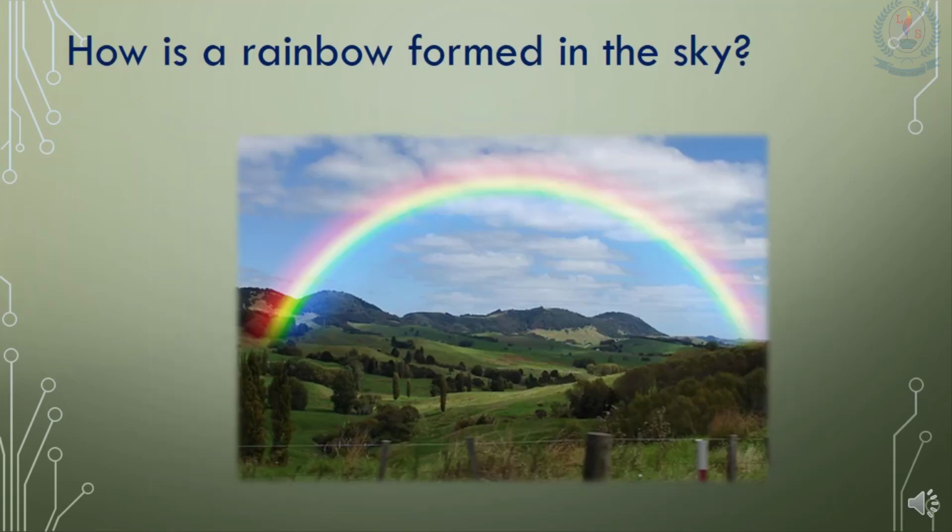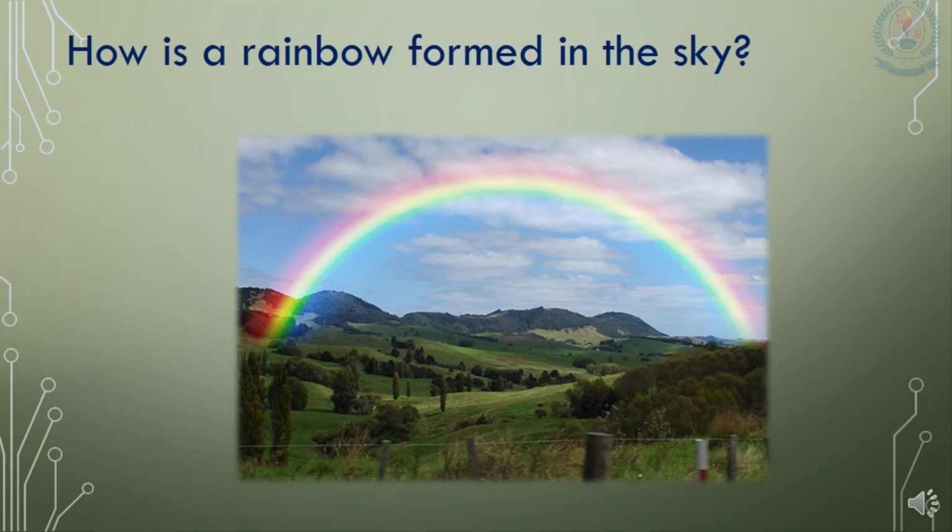So children, now you might be wondering, is there a prism in the sky also? Like, how does the rainbow form? Actually children, though there are no prisms in our sky, the water droplets or raindrops can act as a prism.